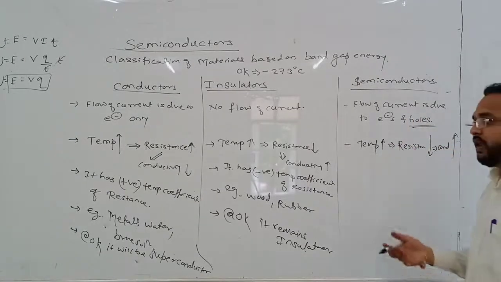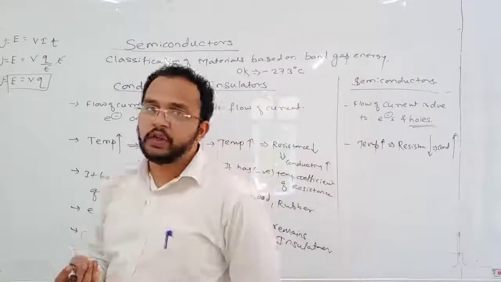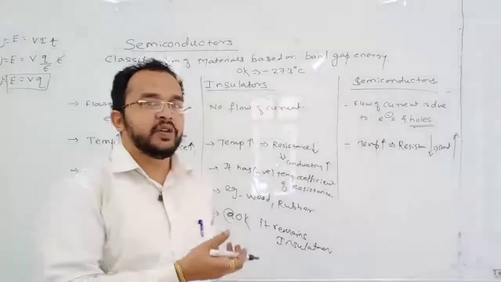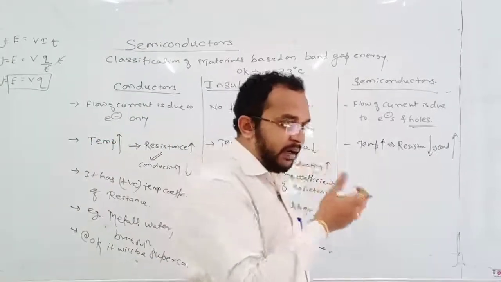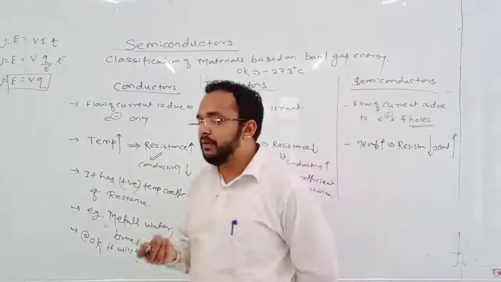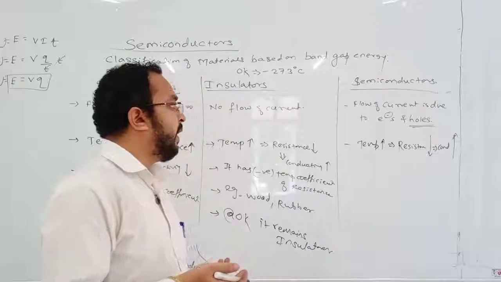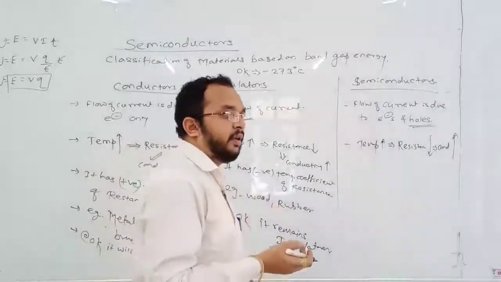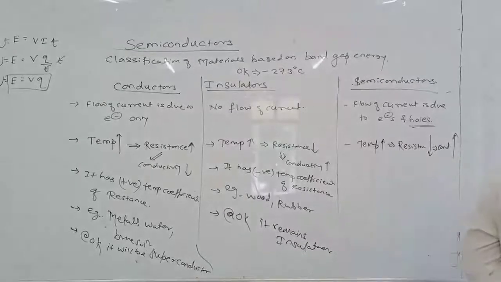Why? The same reason, as we are providing temperature to the electrons which are in the valence band, they will acquire the energy and become unstable, and when they become unstable they will become free themselves and move to the conduction band. And as they move to the conduction band, they will conduct electricity.